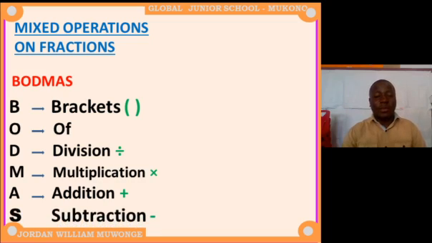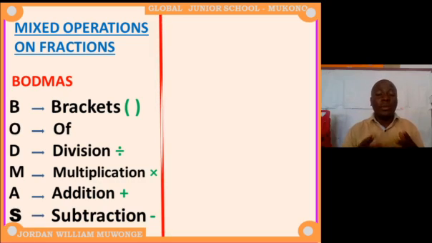Letter S represents subtraction. The subtraction sign is there. Now, when you are dealing with mixed operations, the order in which operations must be followed is compressed in a mnemonic known as BODMAS.